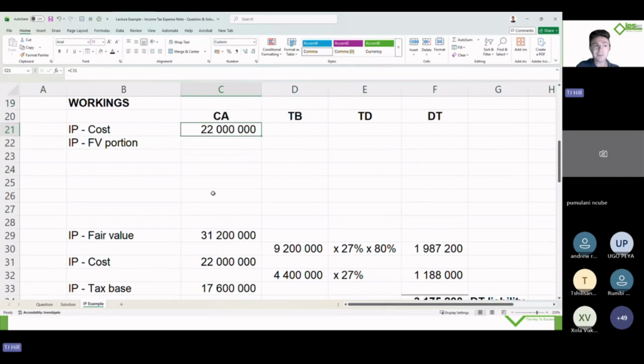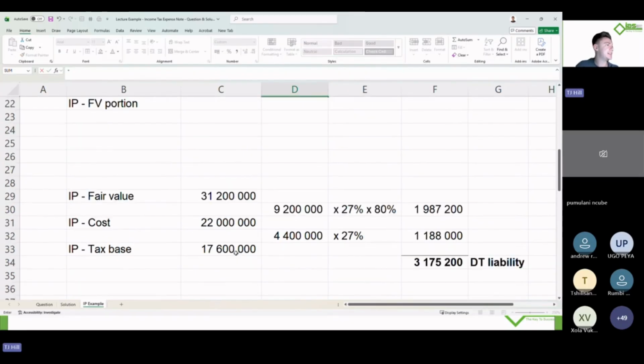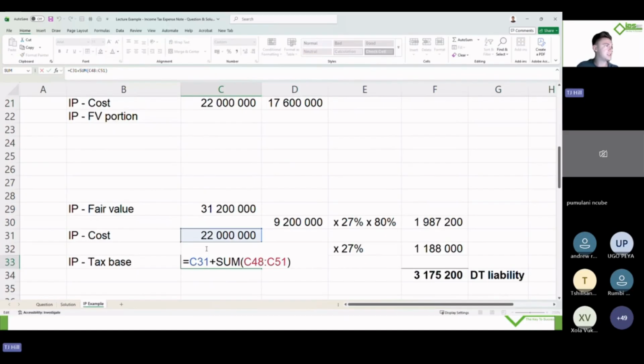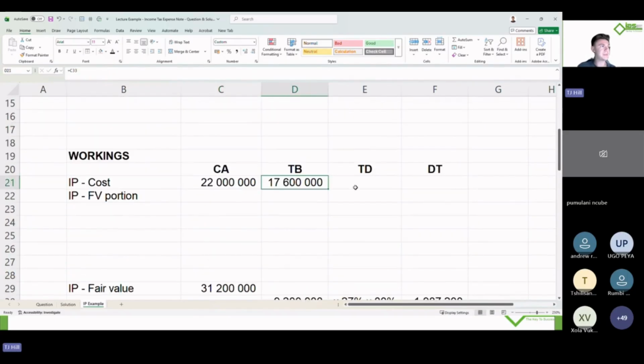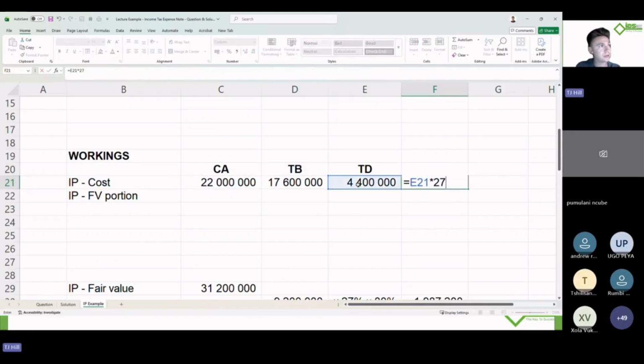You're splitting the balance between two items because you're going to use different rates. Okay, your tax base here is going to be, as you've calculated before, which is your cost minus allowances already claimed equals future tax deductions. Normal tax base gives you a temporary difference. And this is your recoupment portion, which is at 27%.